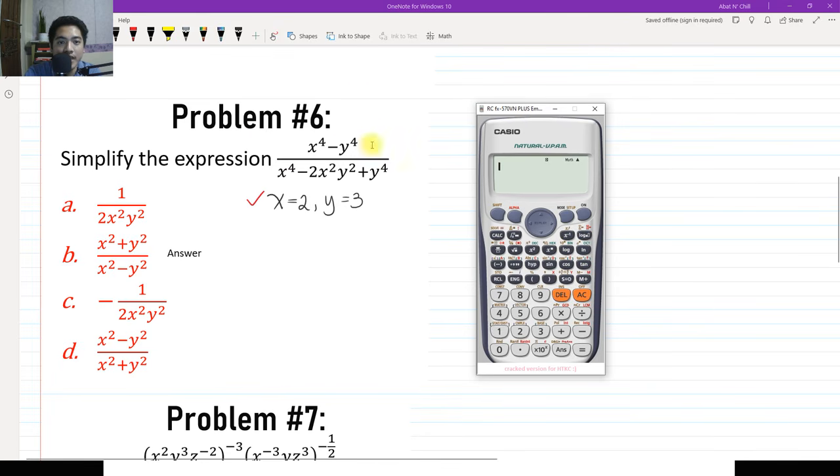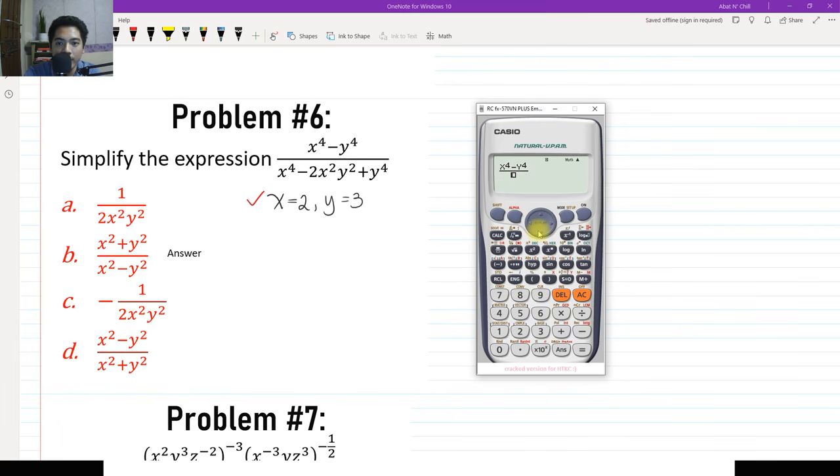This is a rational expression, so it has a numerator and a denominator, and it's convenient to use the fraction template. We input alpha x raised to 4 minus alpha y raised to 4 for the numerator.